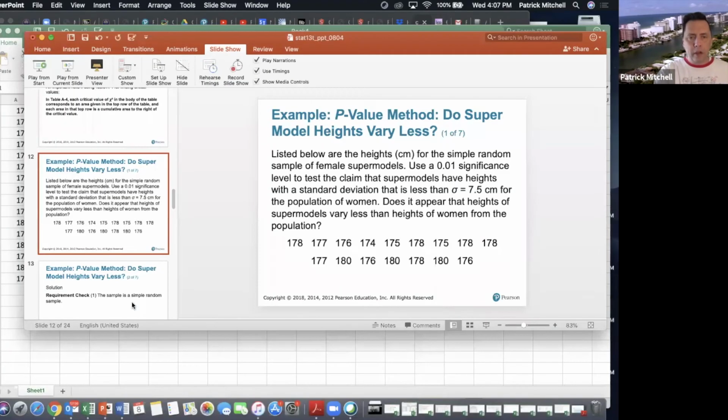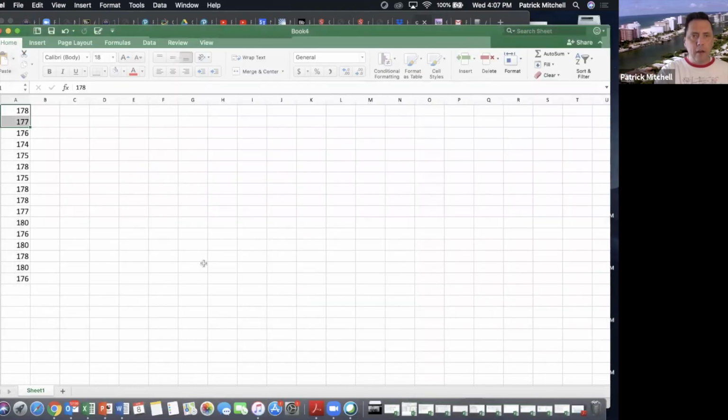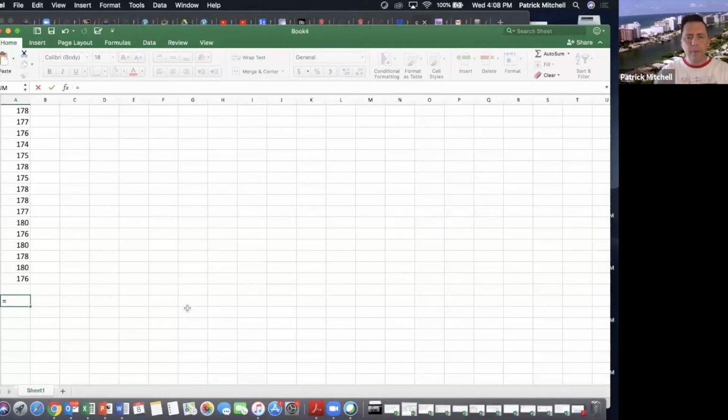So I am going to jump over to Excel, where I have already typed in this data. And I'm going to go to the bottom, and I'm going to type equals. And I think you've seen me do this at least once before.